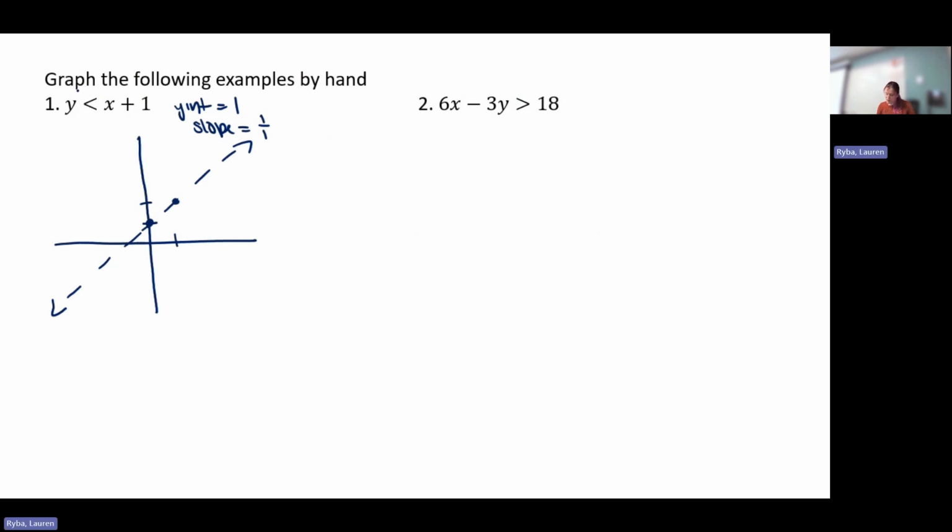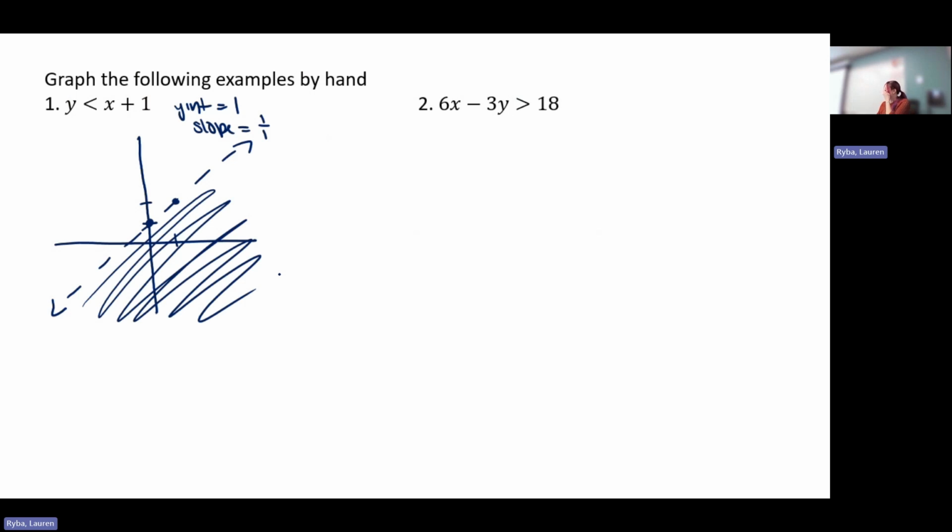Now, the symbol is also less than. So I go from my y-intercept. I always go back to my y-intercept and determine where is above the line and where is below the line. Because it is less than, I'm shading below the line. This is what is going to be shaded.